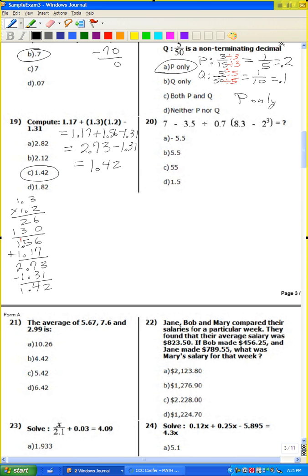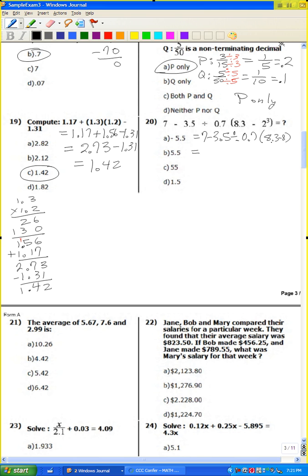Let me do problem number 20. So this is equal to 7 minus 3.5 divided by 0.7 times 8.3 minus 2 cubed. I'll do what's inside the parentheses, and so subtraction, exponent. I'll do the exponent first. 2 cubed is 8.